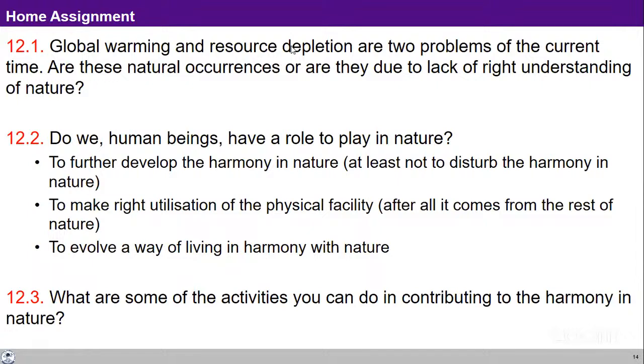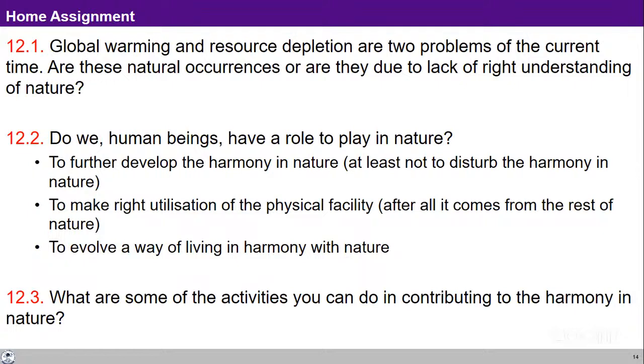Natural occurrences, you can write as A. Lack of right understanding, you can write as B. So what's your opinion about this, A or B? This discussion we had earlier also. Because of human intervention, we are causing the depletion, yes.